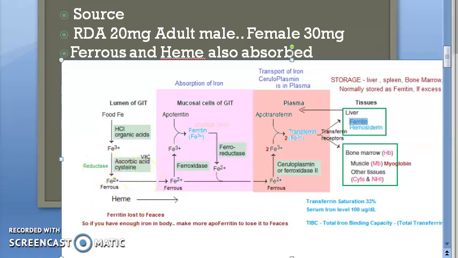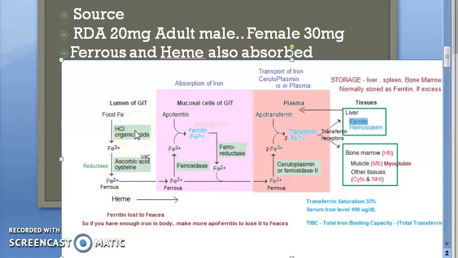Now, whatever is going to impede the absorption of iron, like if you're taking something that reduces the acid, like an antacid, then definitely iron absorption will be hindered. They say that calcium and iron should not be taken together, but it is not mentioned in KD Tripathi here.